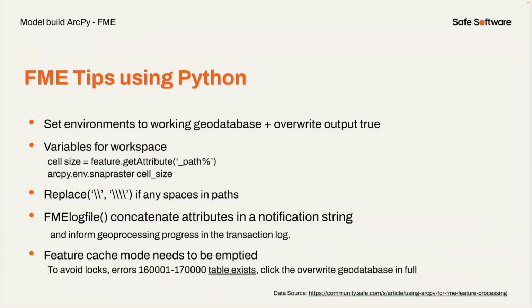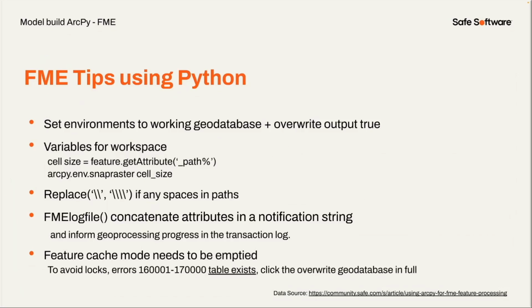I also found over time that using the log file object to concatenate attributes was pretty helpful, because I could pass that back from the geoprocessing steps at runtime through to the transaction log in FME. So I knew when features were being rasterized and when they were being converted back to vector.